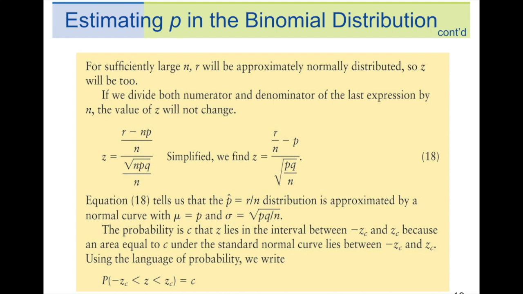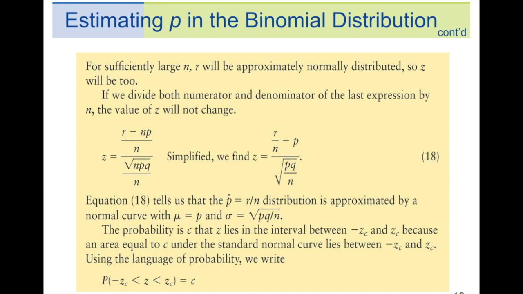For sufficiently large n, r will be approximately normally distributed, so z will be too. If we divide both numerator and denominator of the last expression by n, the value of z will not change. So z equals (r minus np) over n, all over the square root of npq over n.